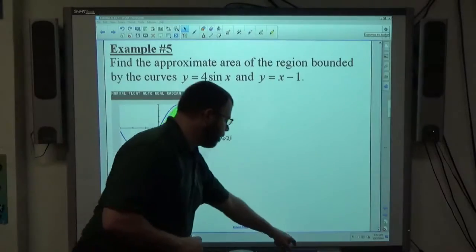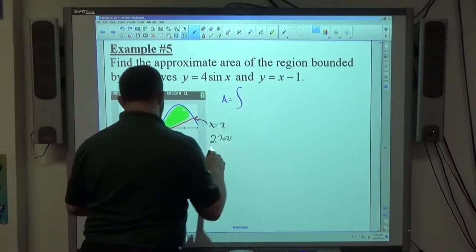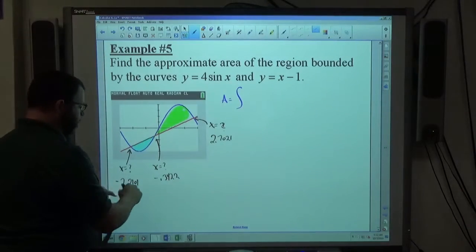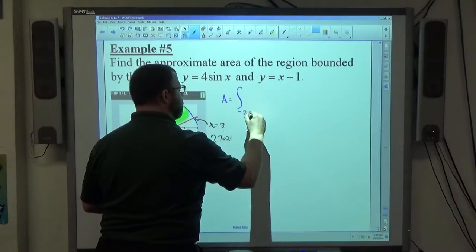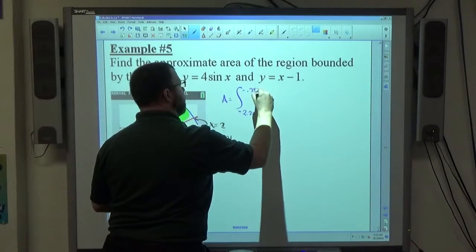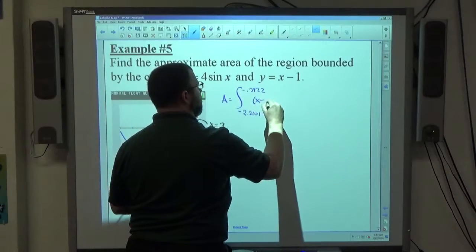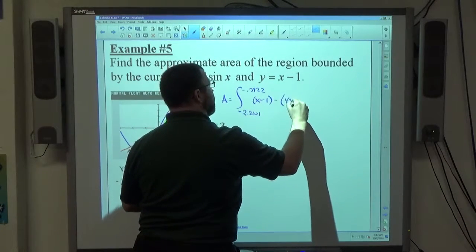So I just construct an area formula for each one. For this interval, it's going to be from -2.2101 up to -0.3422. That's going to be the line minus the curve, so the line is x minus 1, and we're subtracting the curve 4 sine of x.